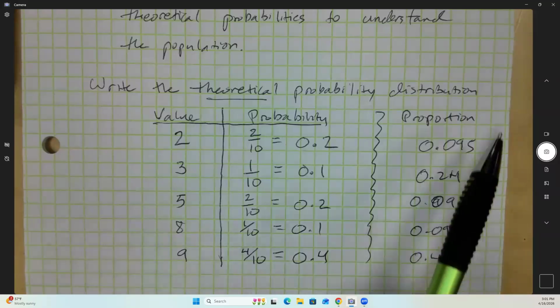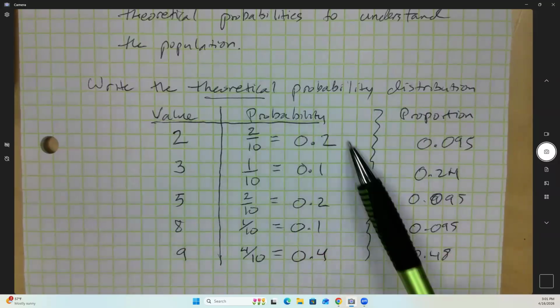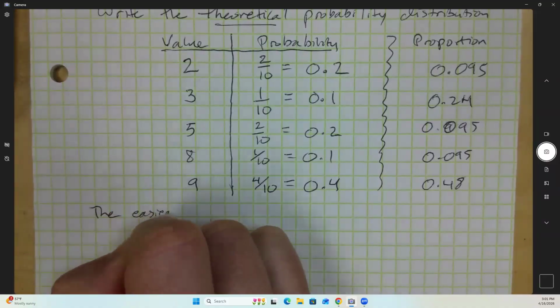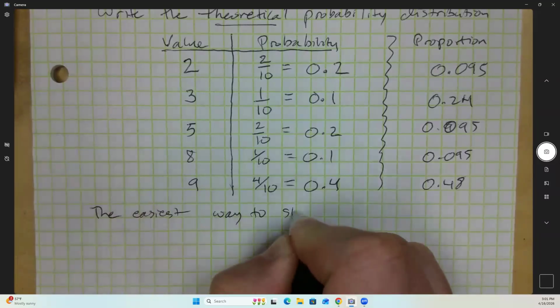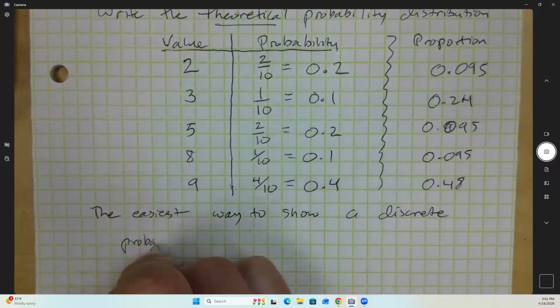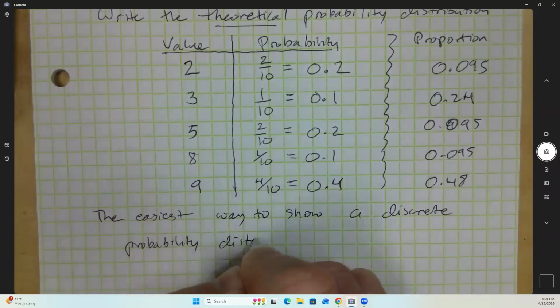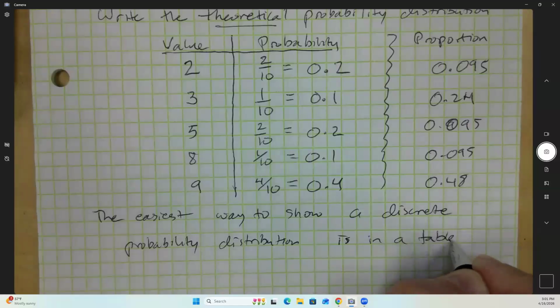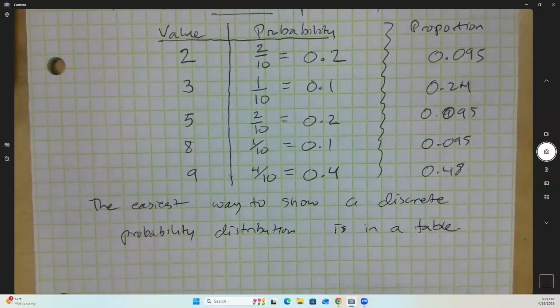Okay, so this is very important because this is how we show a discrete probability distribution. The easiest way to show a discrete probability distribution is in a table. When we get to continuous probability distributions, the easiest way for that is to show it in a graph. And then there's something in the middle, which is a binomial, where we could use either.